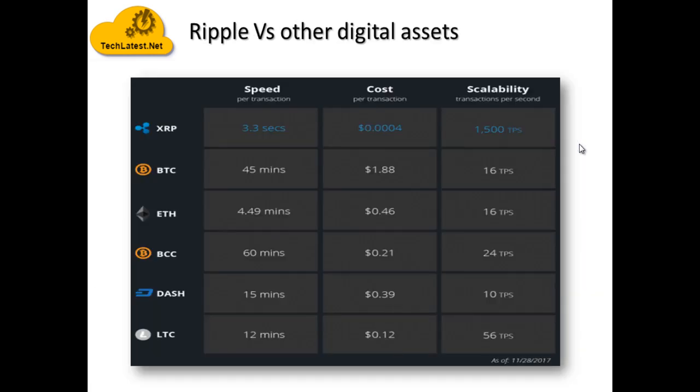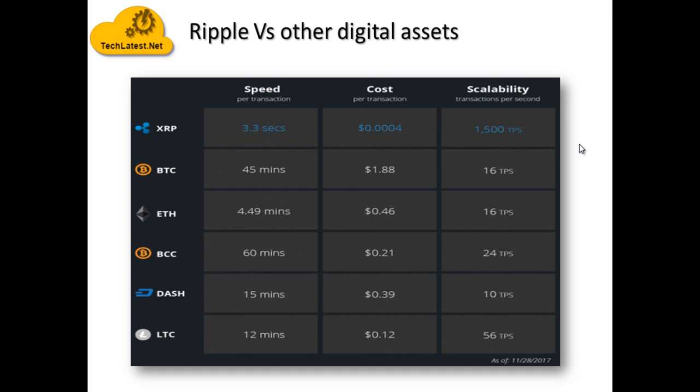Now the third point here is how Ripple is different from other digital assets, and how it compares with other digital assets. In terms of speed of transaction, you will see that XRP fares far ahead compared to any of the well-known digital assets, be it BTC, Ethereum, Bitcoin Cash, Dash, or LTC.